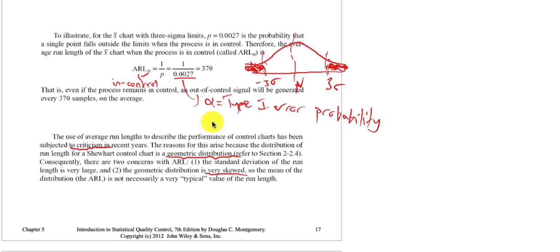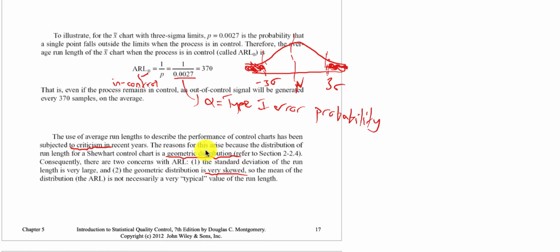This average run length tells us what sampling frequency we need to use. We need to take these average run length calculations into consideration to determine the sampling frequency. But there is some criticism about these computations, because observing this out of control point the first time follows the geometric distribution.